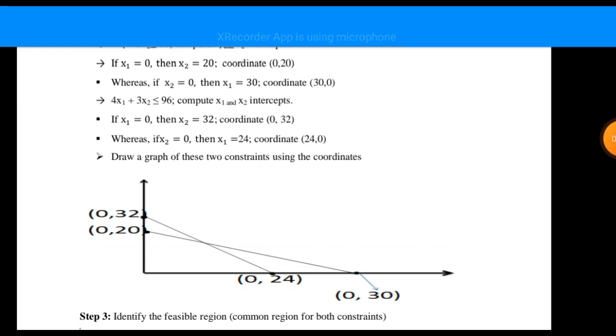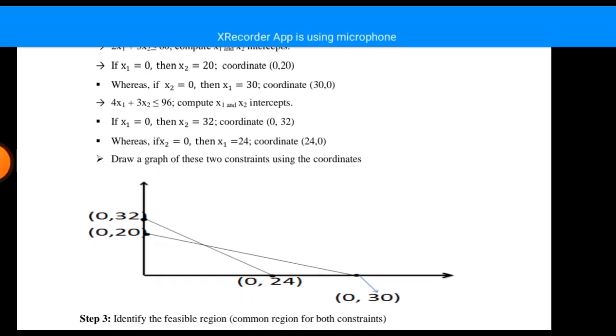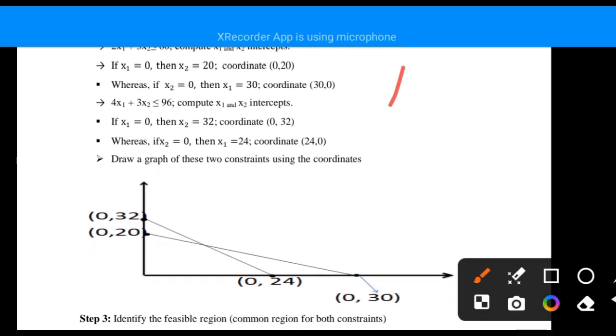And for the second constraint, 4x1 plus 3x2 equals 96. So let's find the intercepts. When x2 is 0, x1 is 96 divided by 4, it is 24.